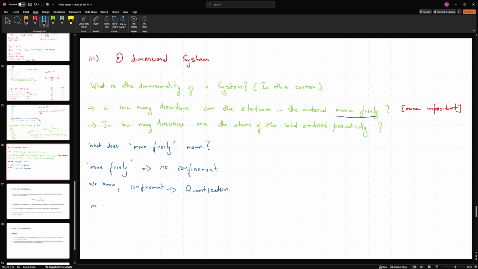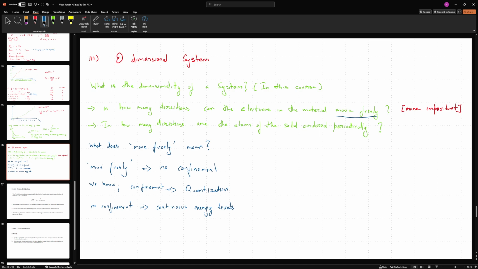No confinement implies continuous energy levels. And having continuous energy levels is what I mean by move freely.